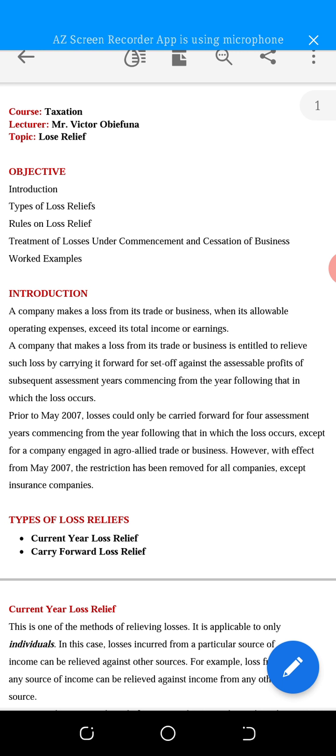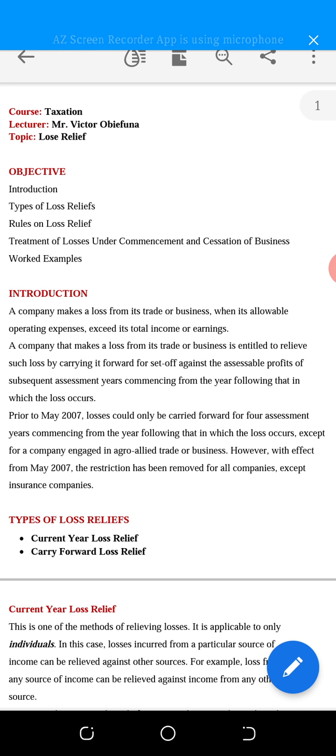A company that makes a loss from its trade or business is entitled to relieve such loss by carrying it forward for set off against the assessable profit of subsequent assessment years, commencing from the year following that in which the loss occurs.